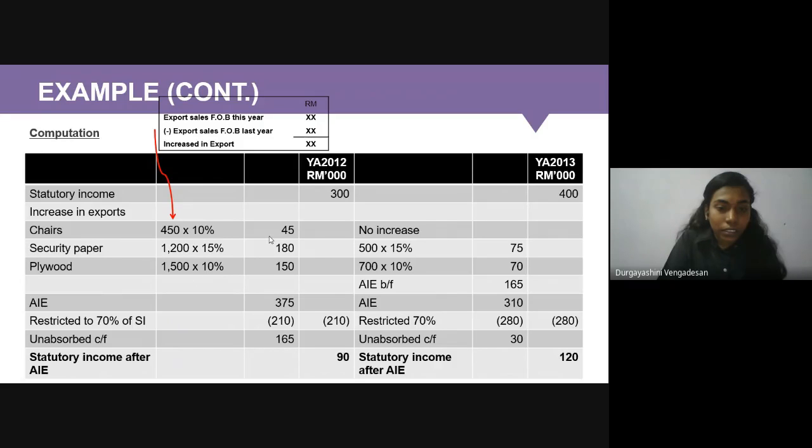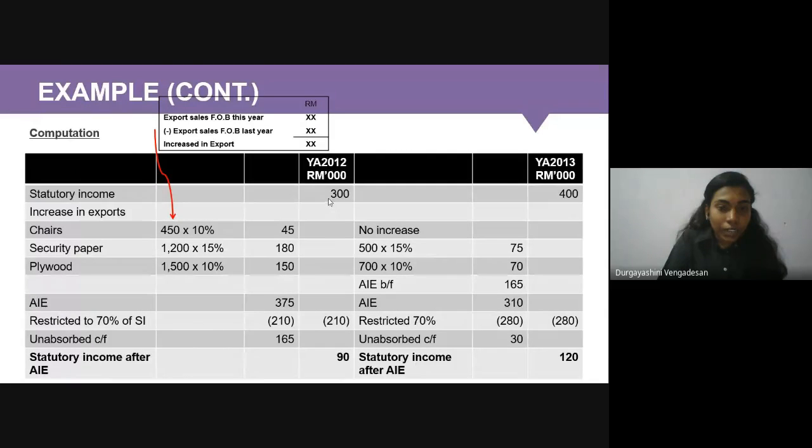So all together we have to add, and we will get the allowance for increased export. Then we have to minus 70% of statutory income. Once we minus, we will get the unabsorbed allowance for increased export, which we should carry forward to the next year, which means to 2013.